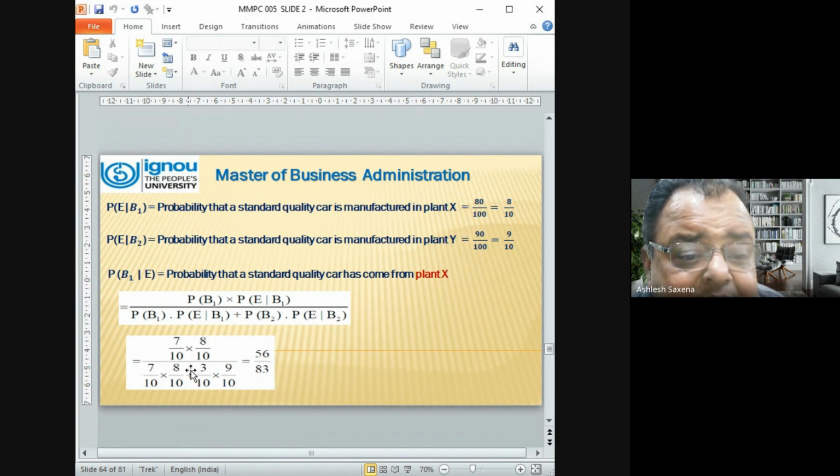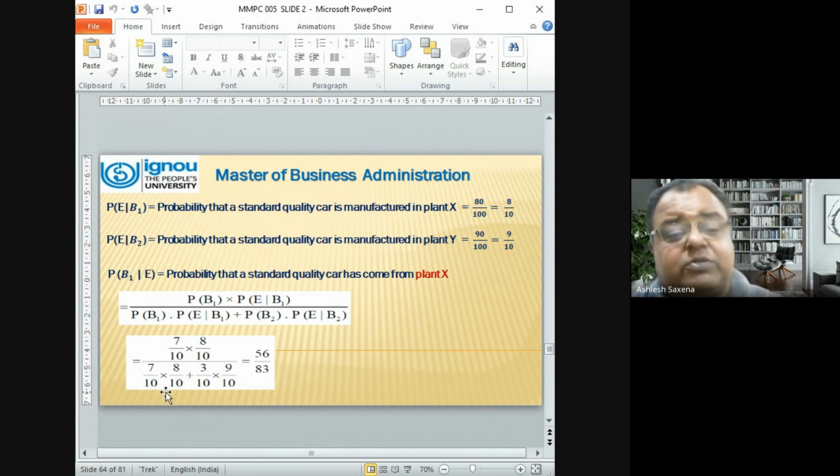Multiply this plus this. That means 56 plus 27 is 83. Because the denominator of this will become the numerator, and both get cancelled, I'm just asking you to skip that and multiply this right over here and add this. That is 56 plus 27, which is 83.